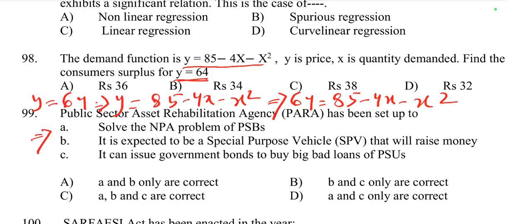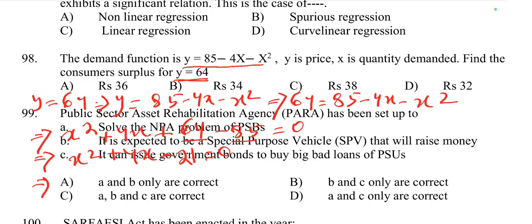So x square plus 4x plus 64 minus 85 is equal to 0. This implies x square plus 4x, and 64 minus 85 is minus 21, is equal to 0. So x square plus 4x minus 21.